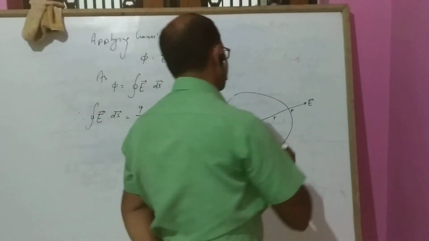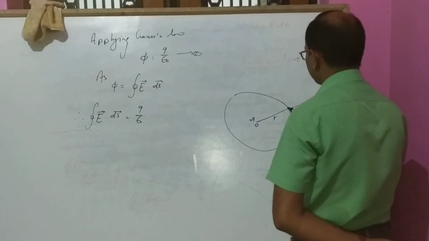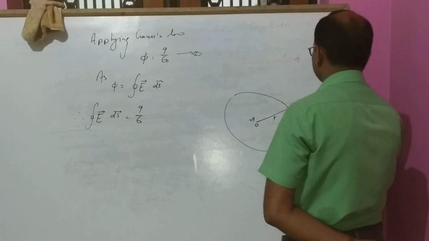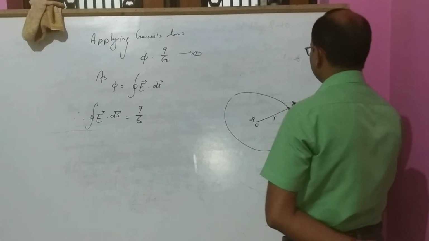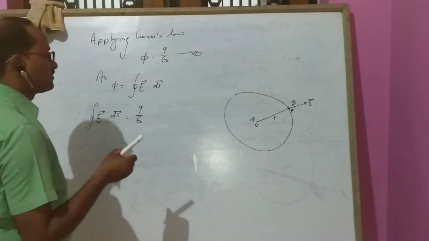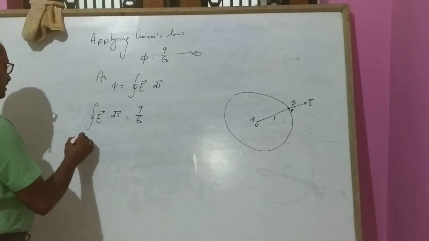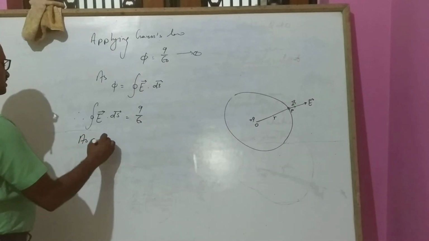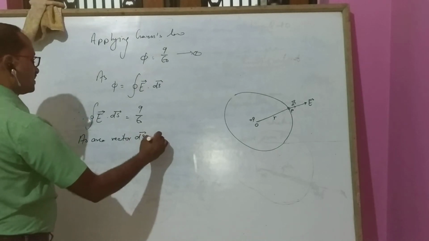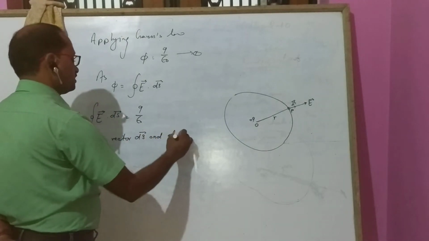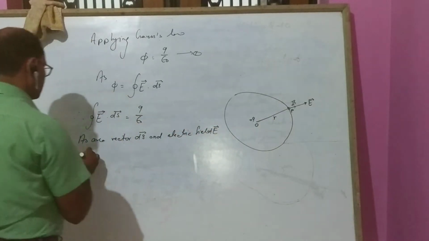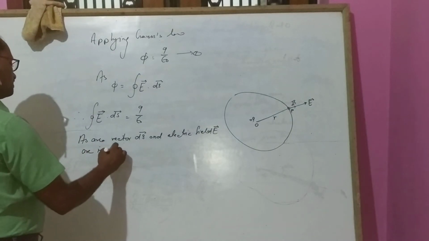Now I consider an area element dS at point P. The direction of the area vector will also be in the direction of the straight line OP. In case of a sphere, the area vector dS and electric field E are in the same direction.